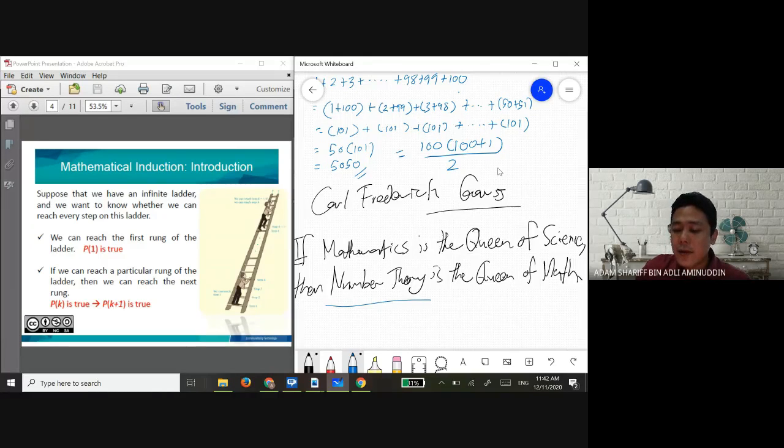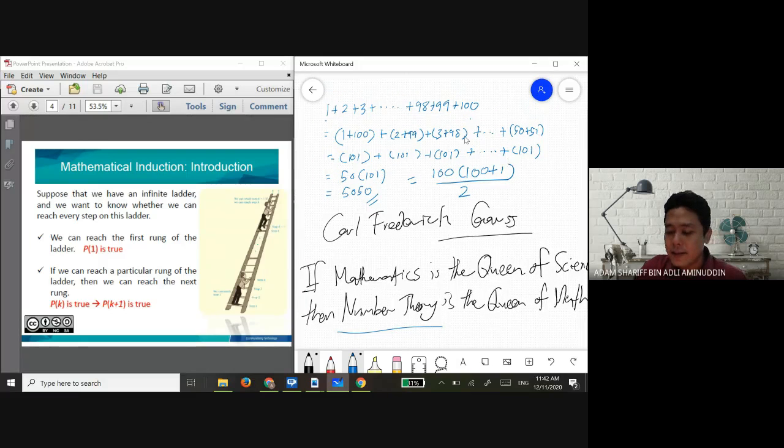The summation of 1 until 100 is equivalent to 100 times 100 plus 1 over 2.